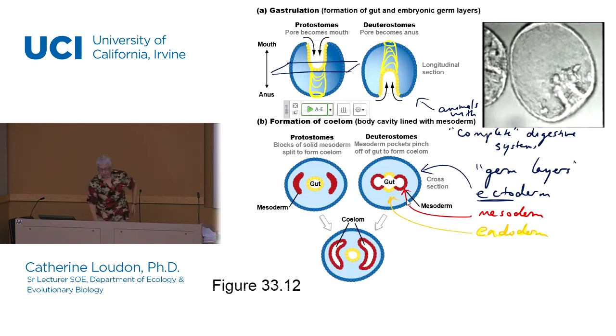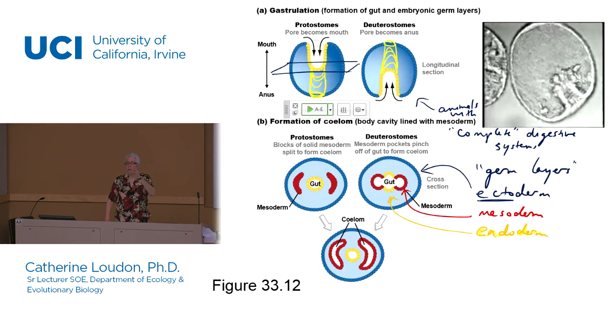So these are the 3 different embryologically derived layers that give rise to all the tissues of the body that are found in animals that do have 3 layers. Not all animals do have 3 layers, but if they do, these are the 3 that they have.